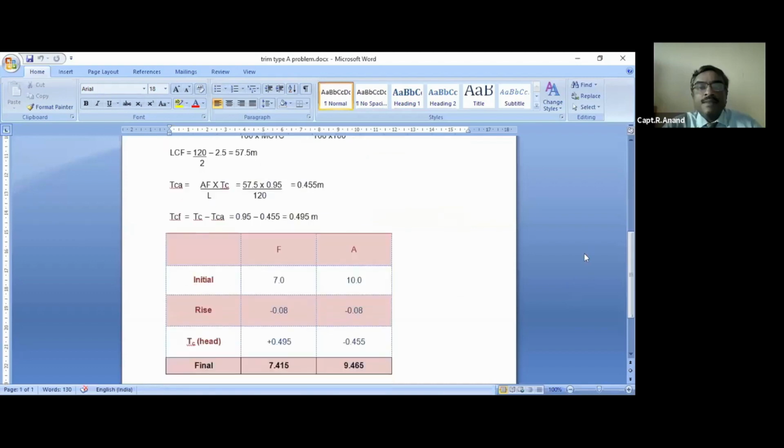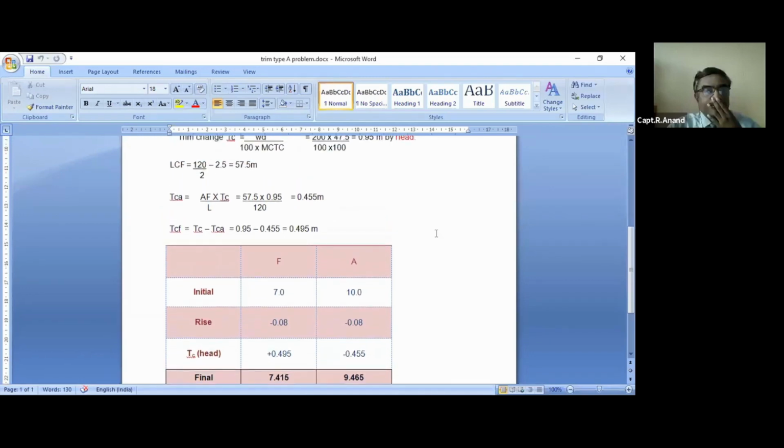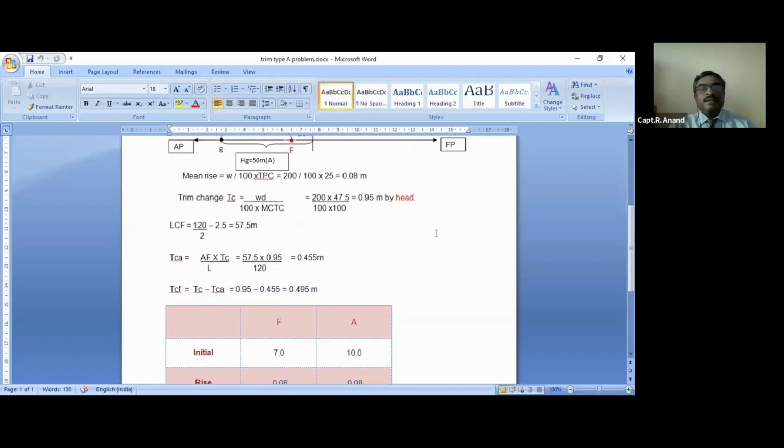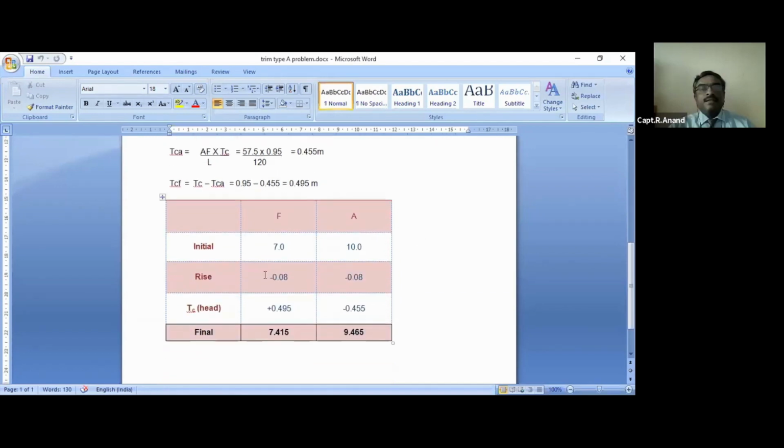Let's go to the calculation part now. Now, initial draft 7 meters forward, 10 meters aft. Bodily rise we have calculated as 0.08 meters. Since it is weight being discharged, it is minus in both cases because we are talking about bodily rise.